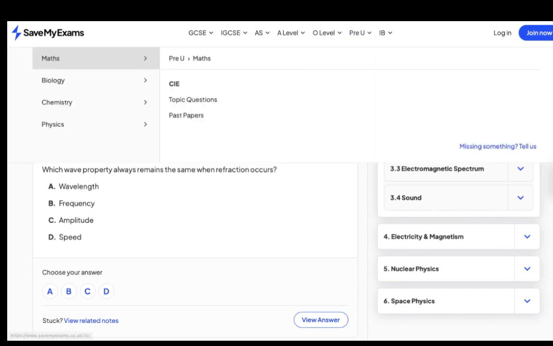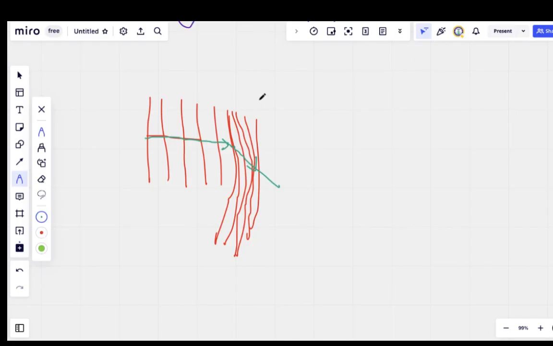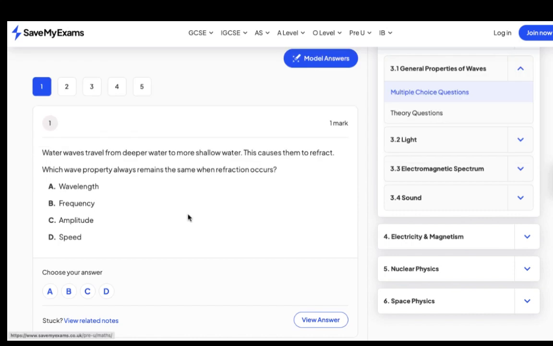You know the meaning of wavelength, right? The distance between these wave fronts is the wavelength, and here the wavelength now differs. But the frequency will be the same. So the answer is frequency. Move to the next question.